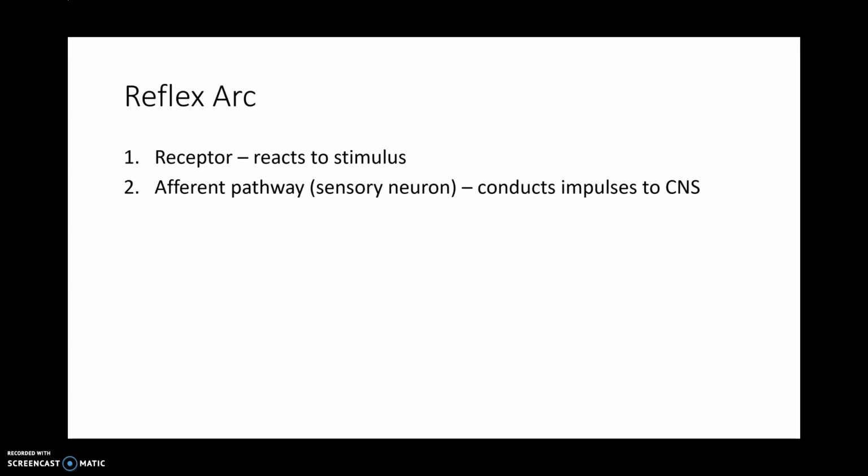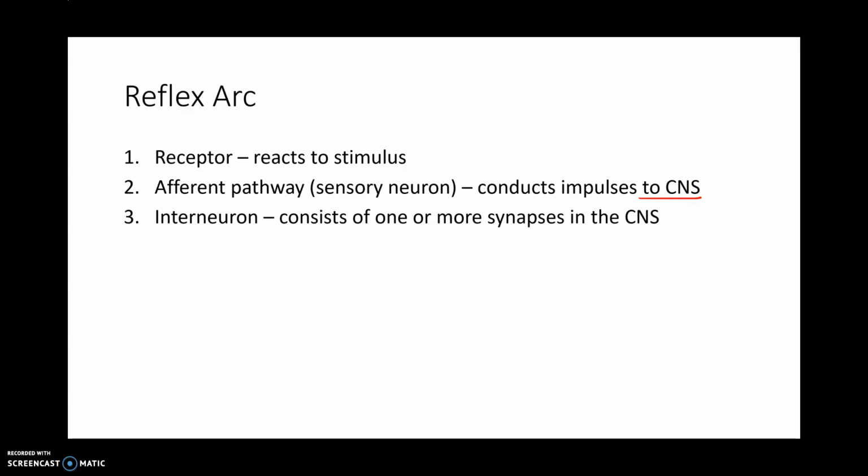Last thing we're going to talk about today is our reflex arc, and this happens in 4 steps. So when I say reflex arc, I'm talking about just natural reflexes within our body. So the first one is our receptor, so it reacts to a stimulus. An afferent pathway is our sensory neuron, that's going to conduct impulses to the central nervous system. Our interneuron is going to consist of one or more synapses in the central nervous system.